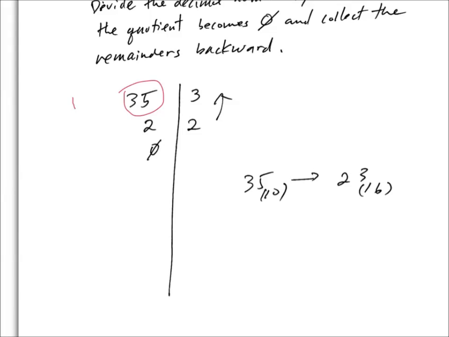We divide 35 by 16, and the quotient will be 2 and the remainder will be 3. And if you divide 2 by 16, the quotient will be 0 and the remainder will be 2. So the collected remainders, just like the previous slide, give 35 in decimal is 23 in hexadecimal.